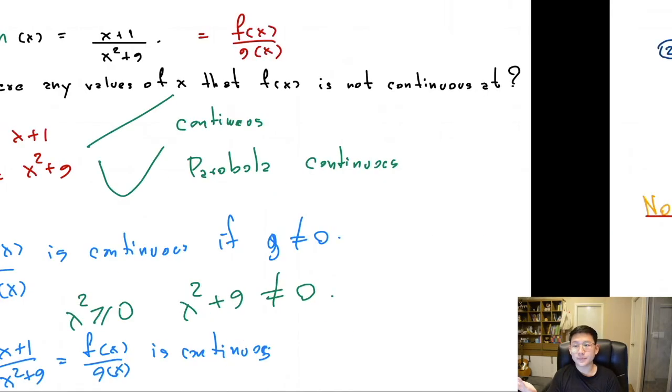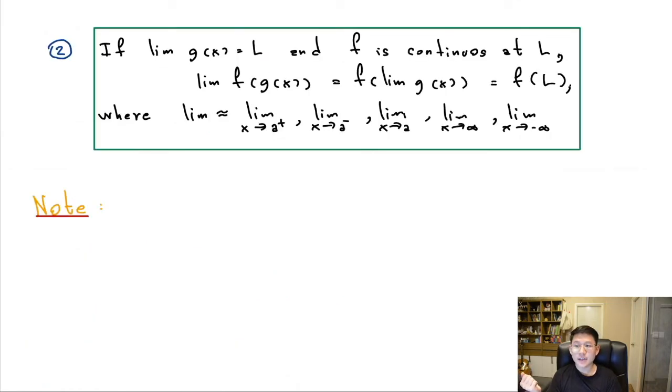Another theorem says that if the limit of g is L and f is continuous, then the limit of f of g is f of the limit of g.